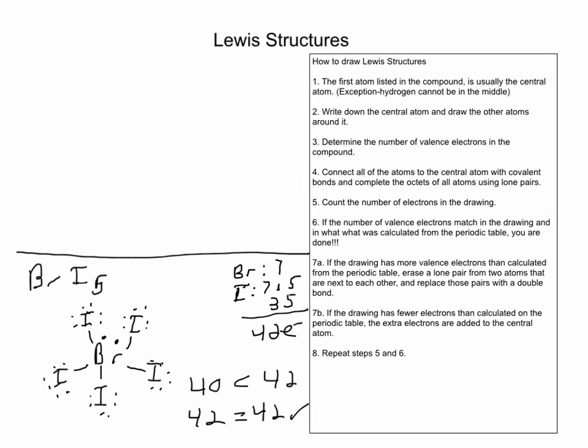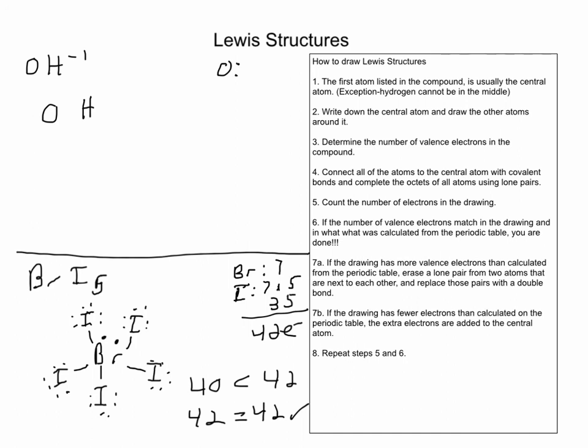One more thing I need to show you with Lewis structures, though, is what happens if you have something with a charge. For example, a common ion you may see is the hydroxide ion, OH minus 1. Whenever you have something with a charge, you follow the same steps for your Lewis structure, where you figure out how many electrons are given by each atom from the periodic table.